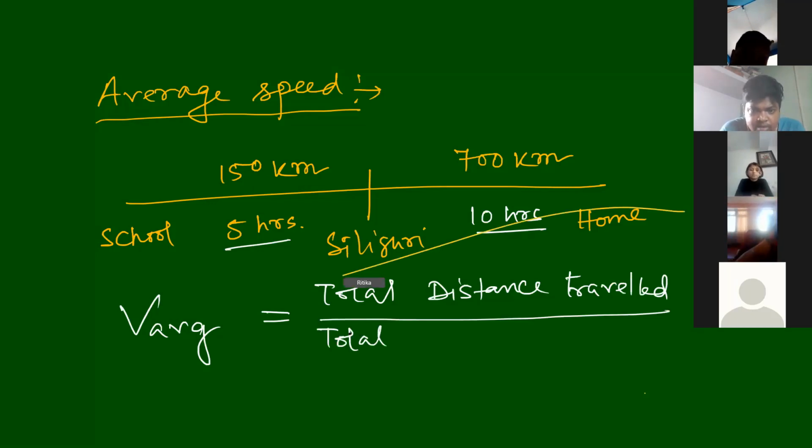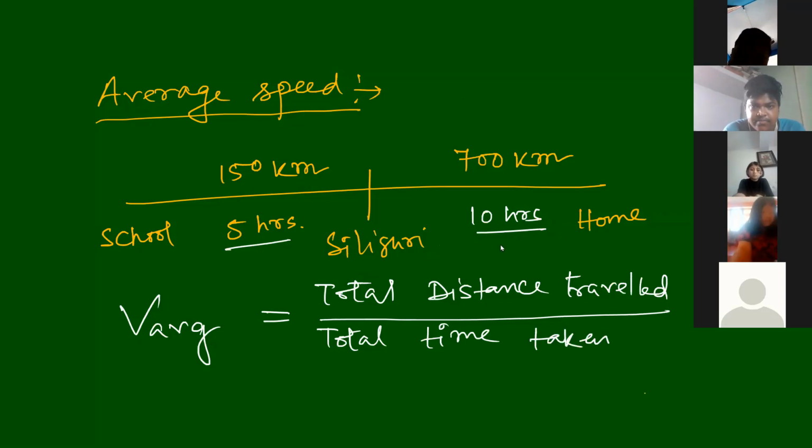Ritika, don't do that, erase that one. So this is the formula for average speed: V average equals total distance traveled divided by the total time taken.